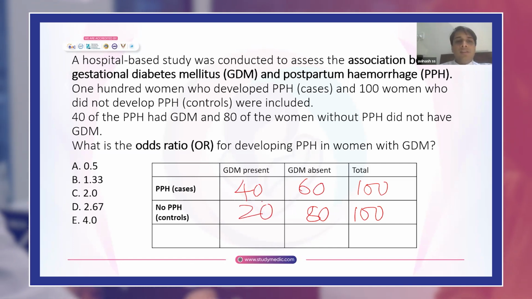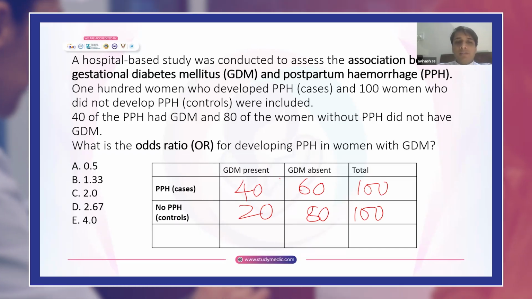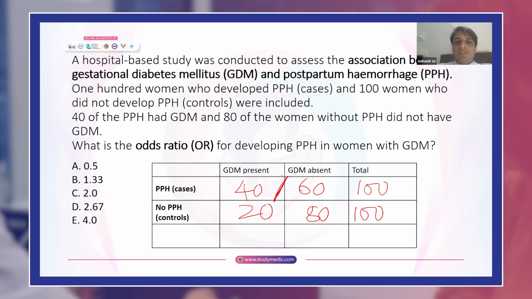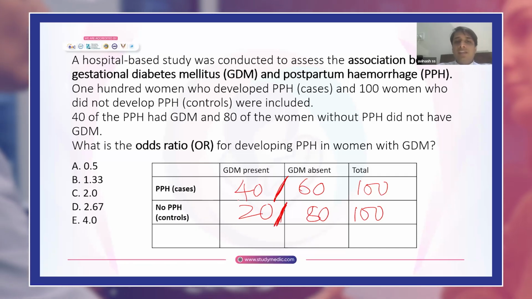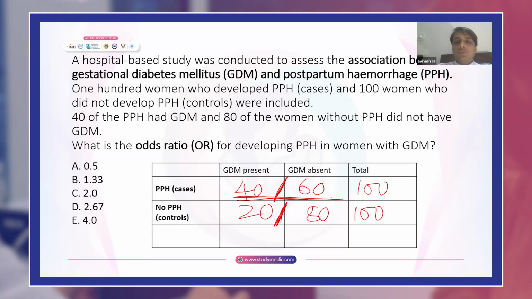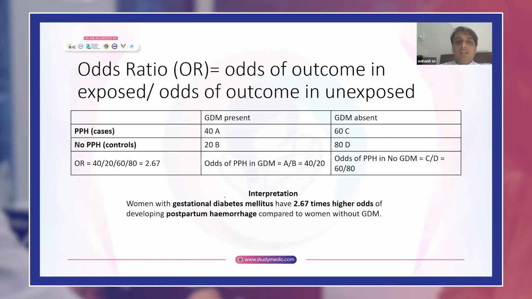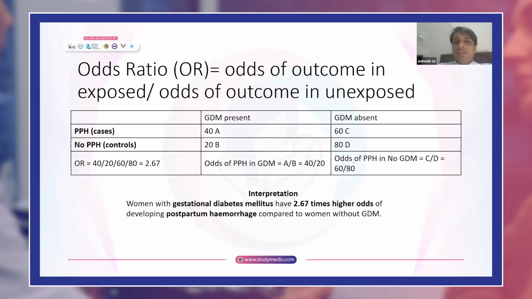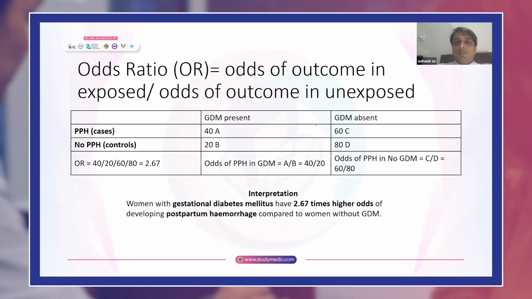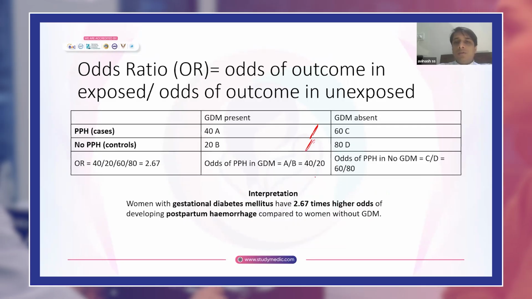So how to calculate the odds ratio is this: odds of GDM in PPH is 40 by 60, and odds of GDM in without PPH is 20 by 80, and the odds ratio is the division of this. So you can see the division of this yields 40 by 60 divided by 20 by 80, and the division will yield 2.67.